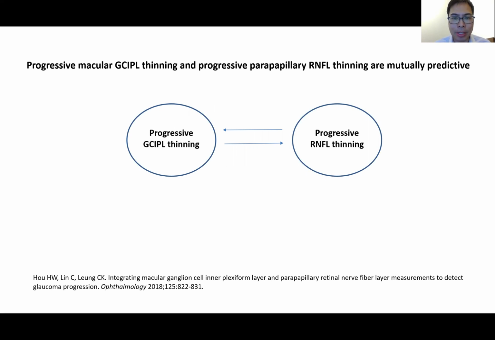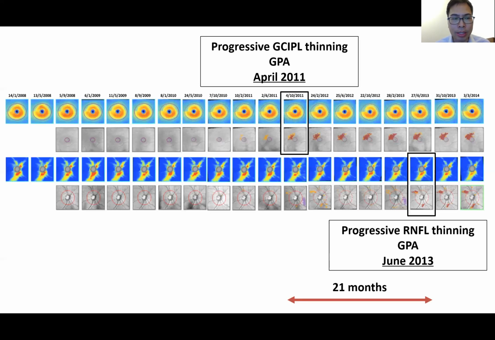The answer is yes, because here is a study we did some years back demonstrating that sometimes we do see our NFL change first over the optic disc region before we see change over the GCIPL at the macula, but sometimes it's vice versa. Here is an example to demonstrate to you. Here we see our NFL change after we see change over the macula.